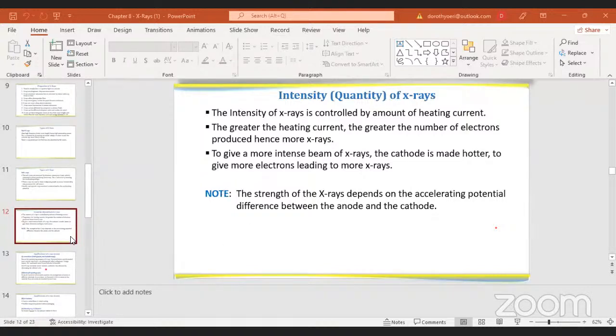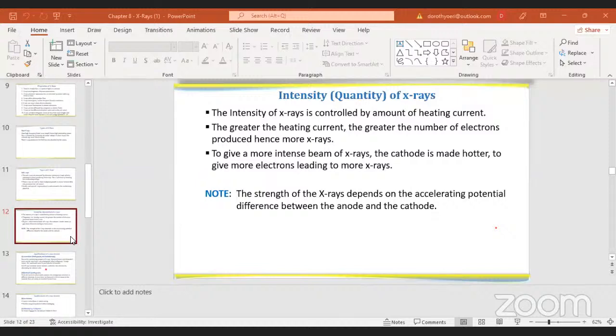So I am at intensity of X-rays. Now, let me explain something here. When the heating current is high, that means more electrons are going to be produced. If the heating current is low, then that means a few electrons are going to be produced.